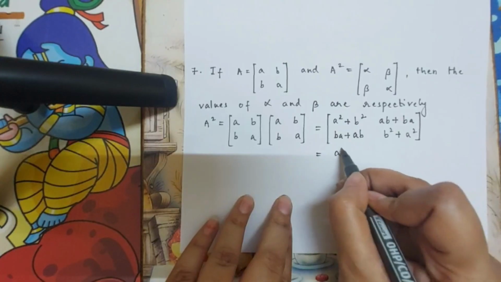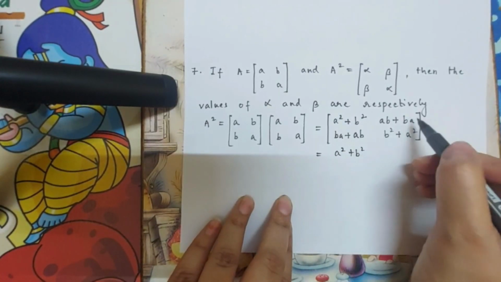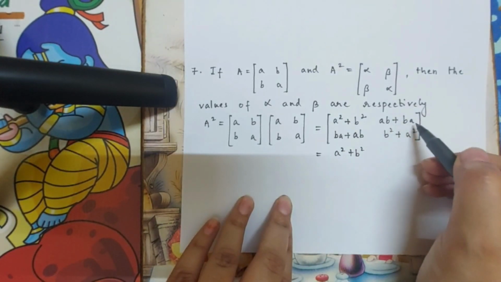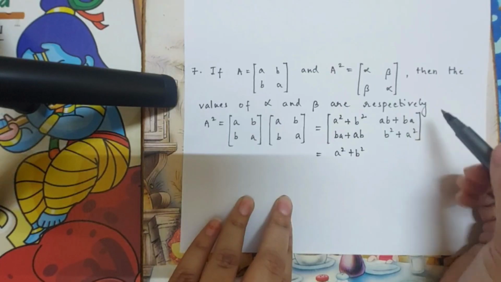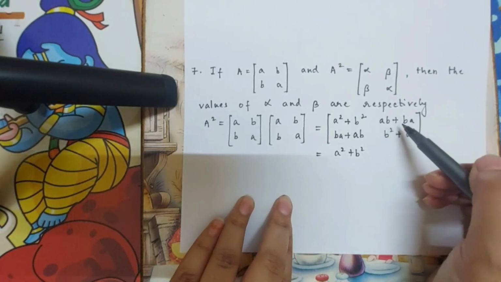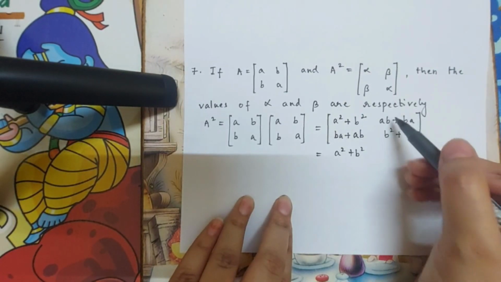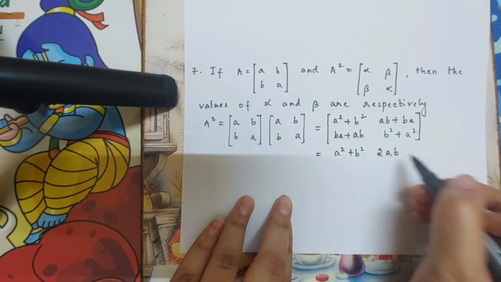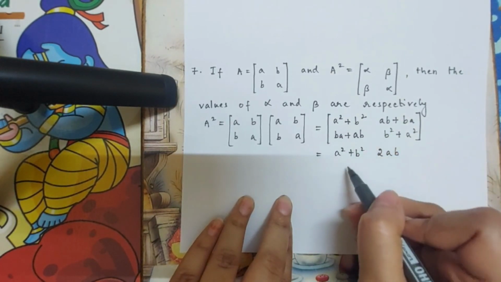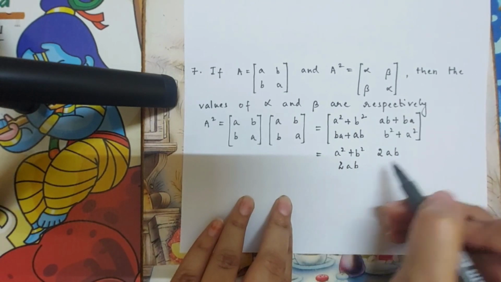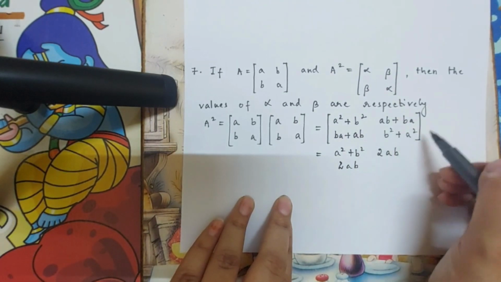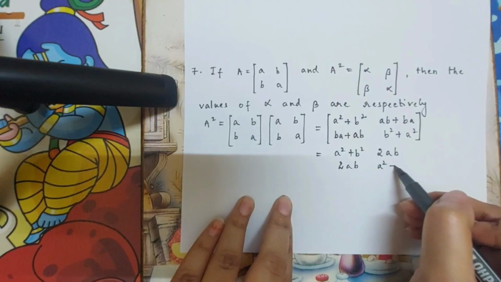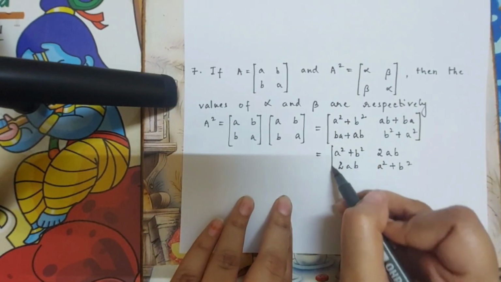So I'll be able to write this as a square plus b square. Now this is ab plus ba. We already know that for a scalar ab will be equal to ba. So I'll be able to write this as ab plus ab. So this becomes 2ab. In the same way, I'll be able to replace this whole thing by 2ab, and b square plus a square can also be written as a square plus b square.